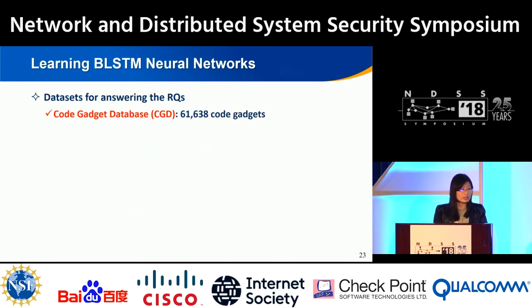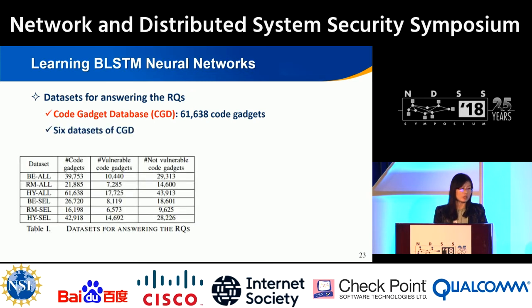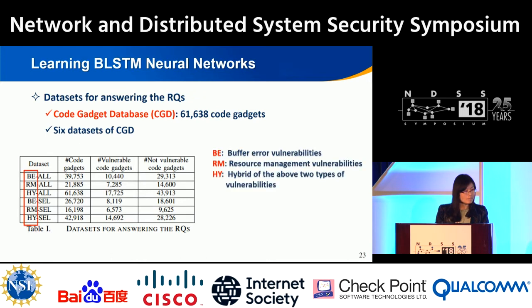We construct the code gadget database, CGD, of 61,638 code gadgets. In order to answer our research questions, we used CGD to derive 6 data sets. Among them, BE, RM, and HY represent the type of vulnerabilities.